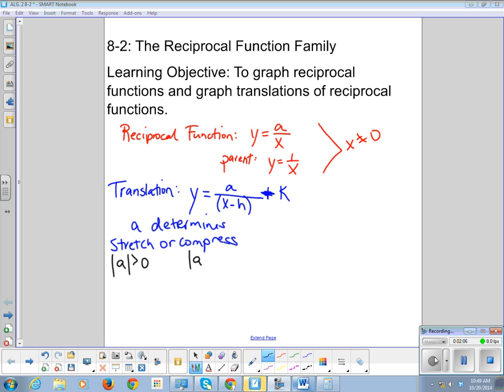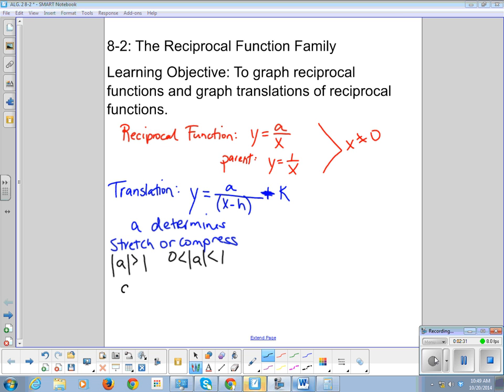If our a is between 0 and 1, it's greater than 1. Let's think about it. Hold on. If our a is greater than 1, it's a stretch. If our a is between 0 and 1, it's a compress.